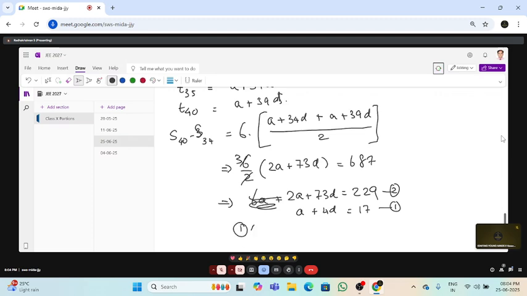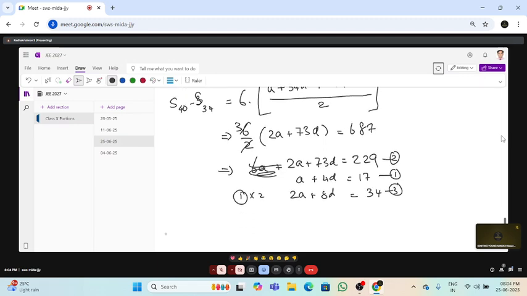So multiply the first equation by 2. What you get is 2A plus 8D equal to 34. So let us say this is your third equation. So now this has also got 2A and this has also got 2A. So 2 minus 3 will give you 73 minus 8, 65D equal to 229 minus 34.